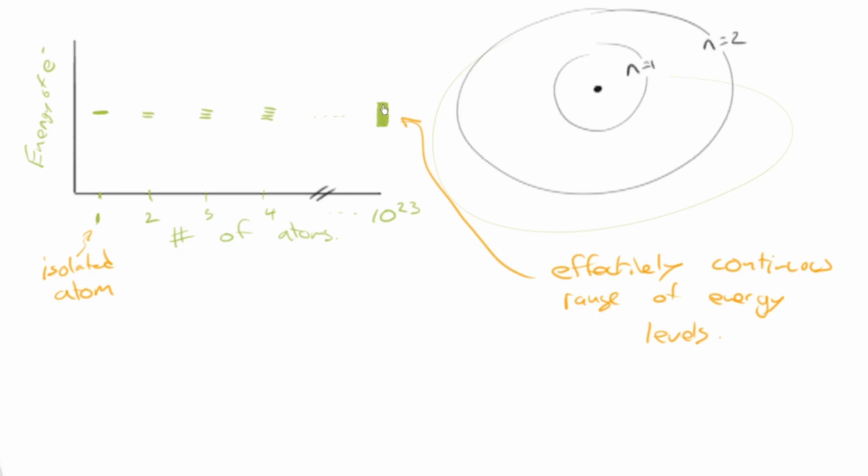We've got all these levels, and what are you going to call that? Well, you could call it a solid range of values. You could call it a stripe. So maybe if I had described this model years ago, I would have called it the stripe model of bonding in solids. But the name that was used is band.